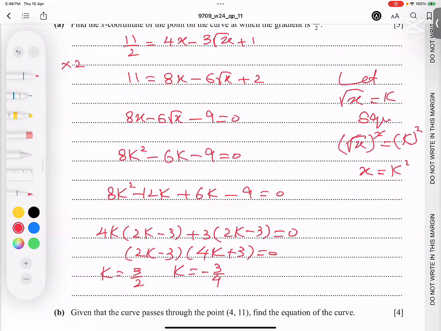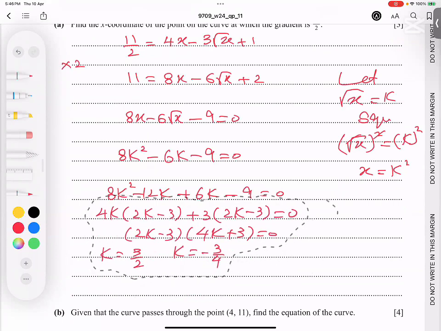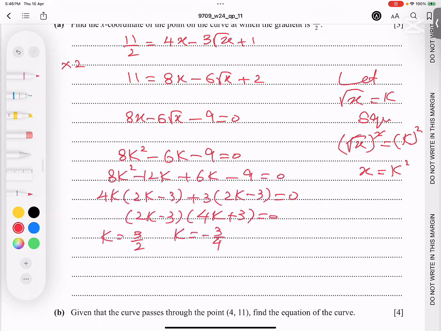Both values one by one I will keep in the equation. When I plug in 3/2, the square of 3 over the square of 2, I get x equals 9/4. When I plug in -3/4, I get x equals 9/16.